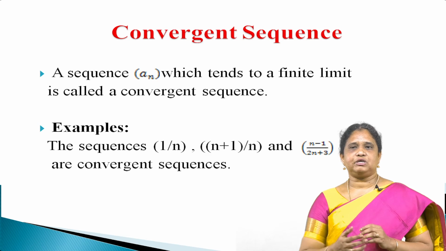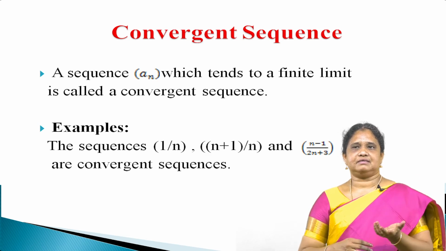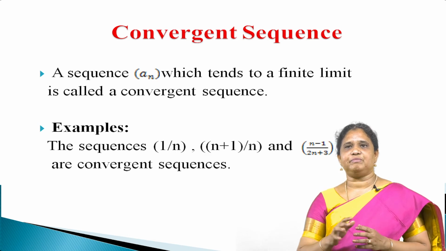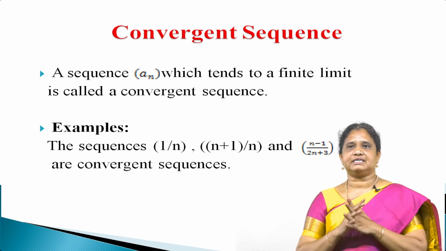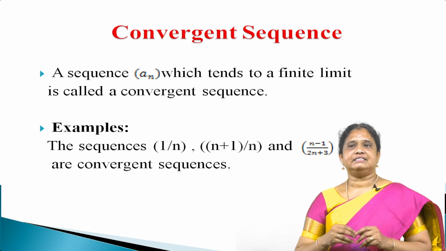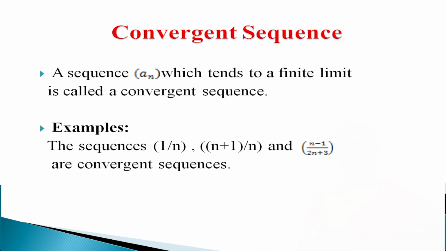The limit of this sequence 1 by n is 0 in the previous example, and therefore it has a finite limit, and this sequence is called a convergent sequence. Also n plus 1 divided by n and the n minus 1 divided by 2n plus 3 sequences are also convergent sequences.